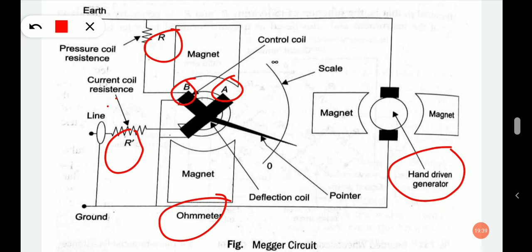In next videos we will discuss measurement of earth resistance, and we will start the AC bridges.